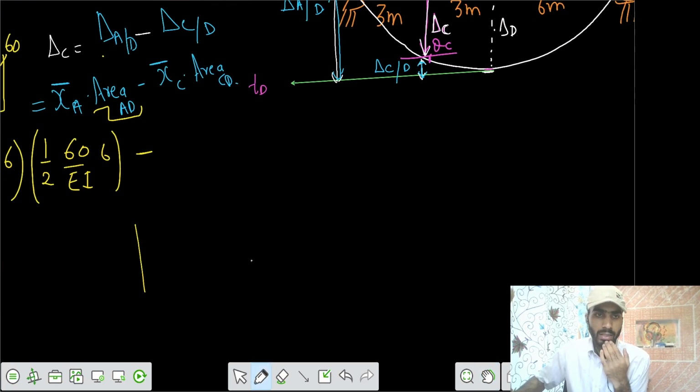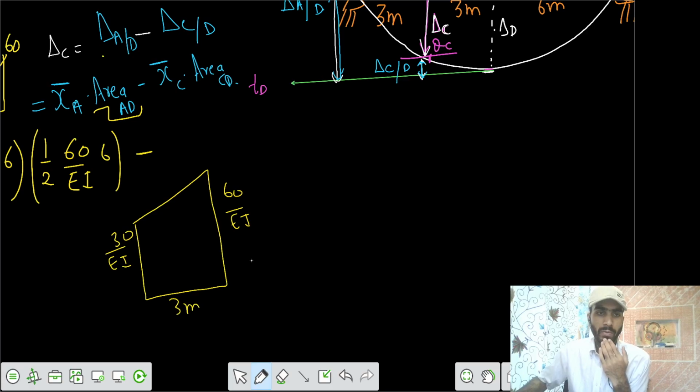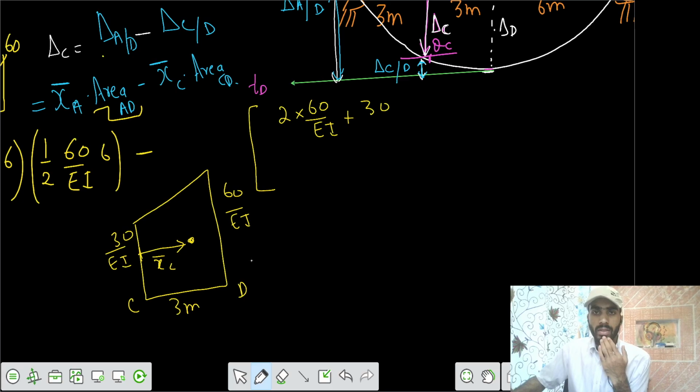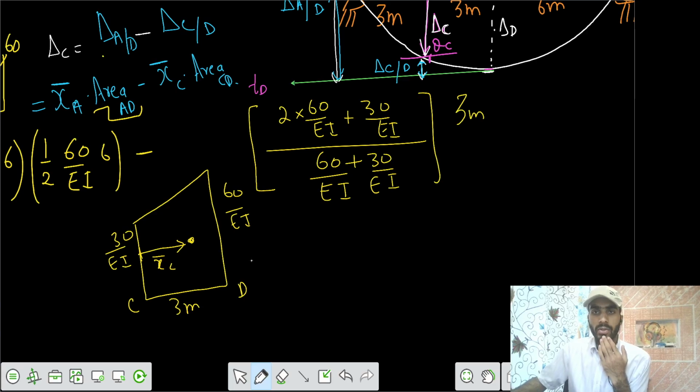So this was your area, 30, 60, EI, let's say EI was here, and the length was 3 meter between point C and point D. The centroid here would be at a distance of XC dash, that we can calculate as 2 times 60 by EI plus 1 times 30 by EI divided by the total, 60 plus 30 by EI, into length L by 3, that's 3 meter by 3.